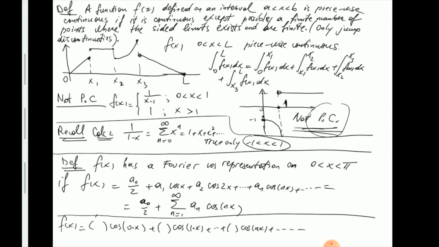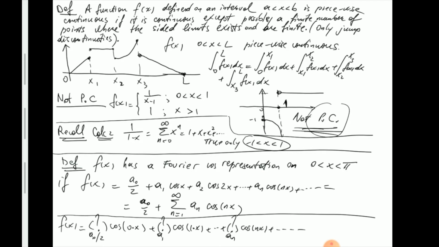So these are coefficients yet to be determined. The reason I denote the first coefficient by a naught over 2 and not just by a naught is just a little gimmick to make the formula easier, as you'll see later. But basically, this is just a coefficient to be determined. And the coefficient for cosine of 1 times x, we're going to call a1, then a2, and so on, up to an for cosine of nx.